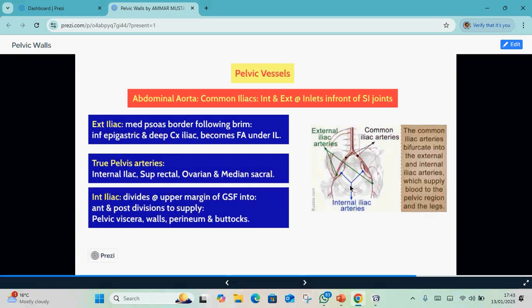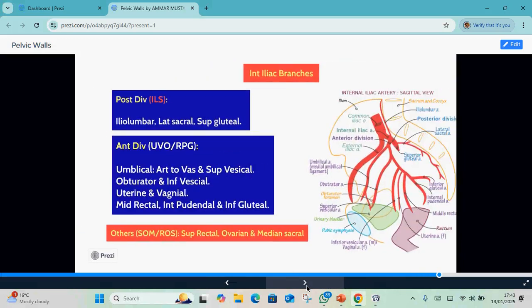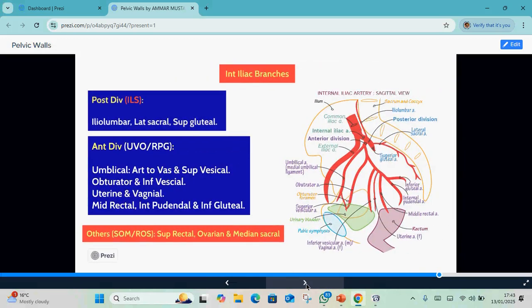We said the internal iliac vessel supplies the pelvic cavity, and the external iliac vessel goes to the lower limb, if you remember all of that. And then we spoke about the branches of the internal iliac artery.